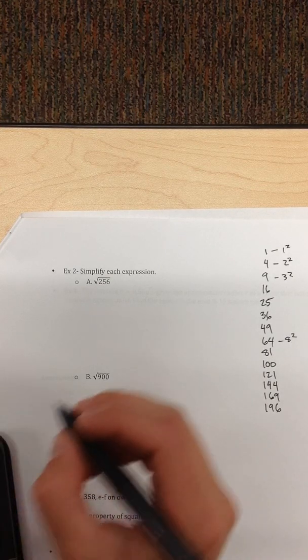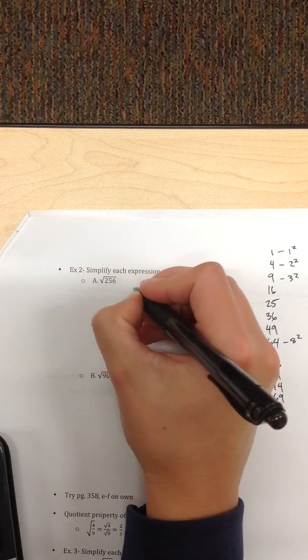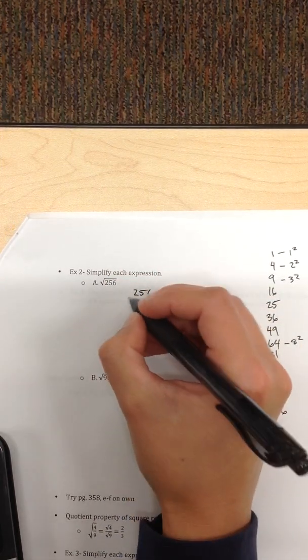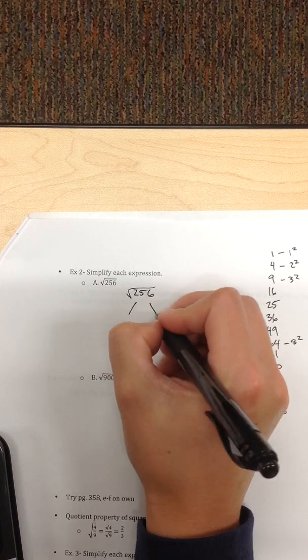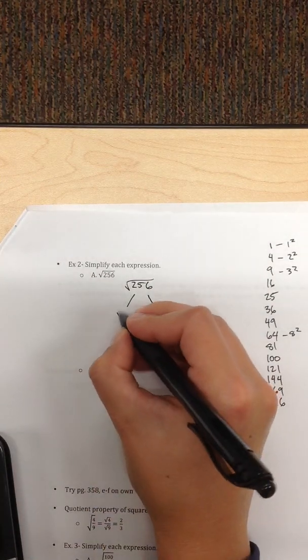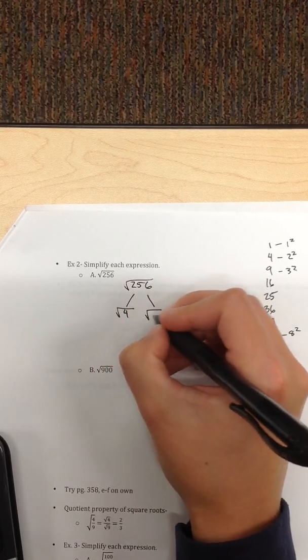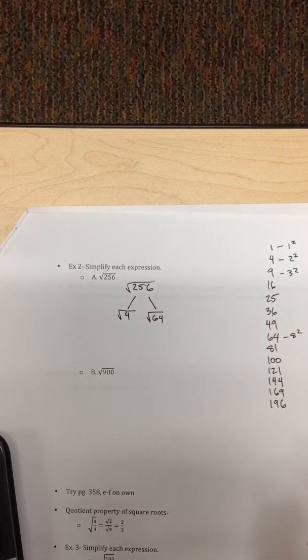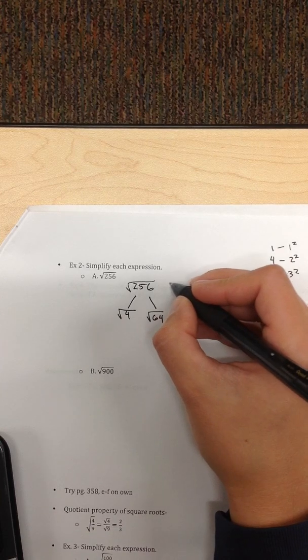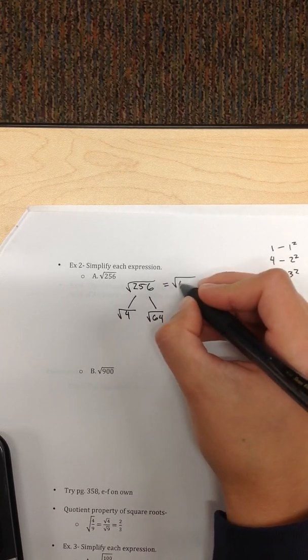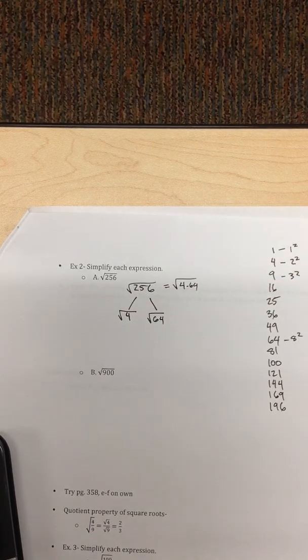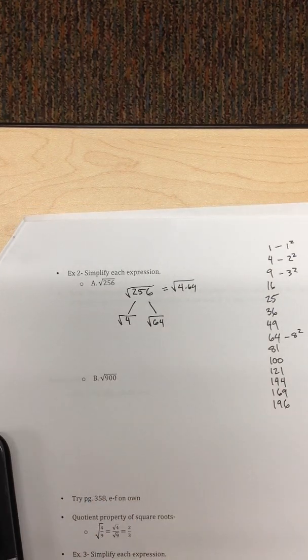Okay, so then since I have 2 perfect squares that multiply to be 256, I take the square root of 256 and split it into square root of one of my numbers, which was 4, and square root of my other number, which was 64, because I know square root of 256 is equal to square root of 4 times 64. I'm just breaking it into the 2 perfect squares.